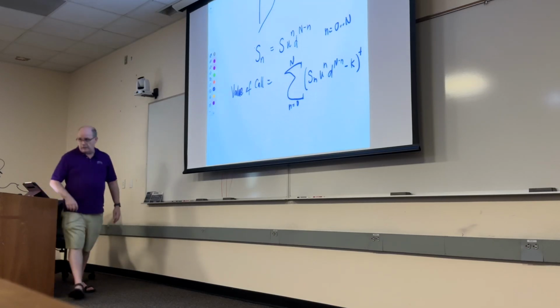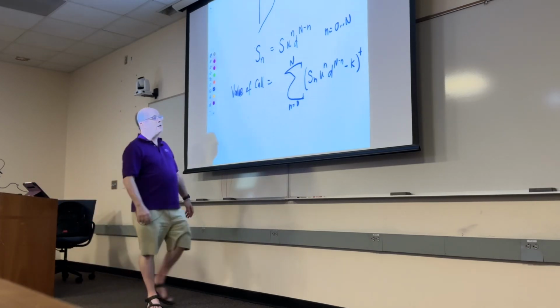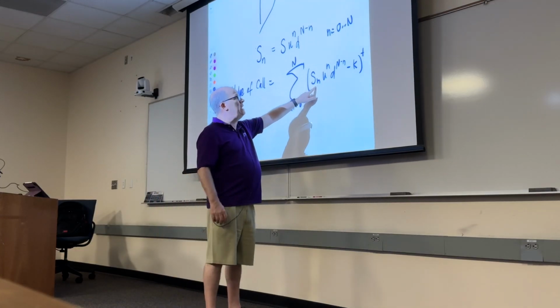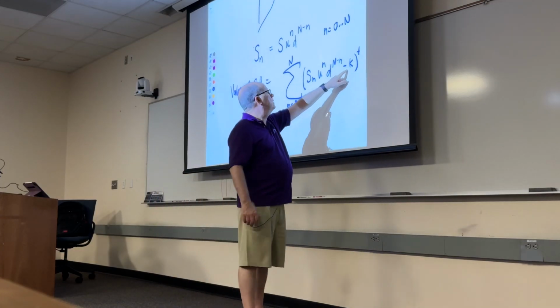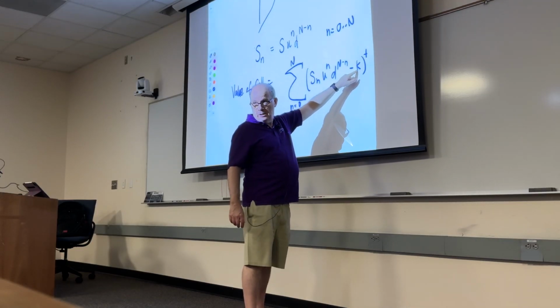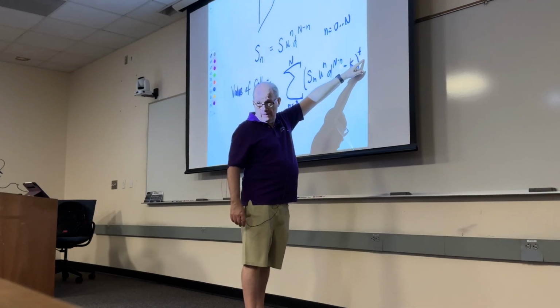So you create this binomial tree with 101 steps at the end, and you take every price that it could possibly be, you subtract the strike price, you take the positive part, okay?